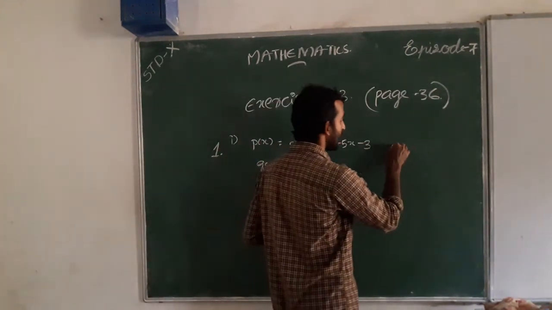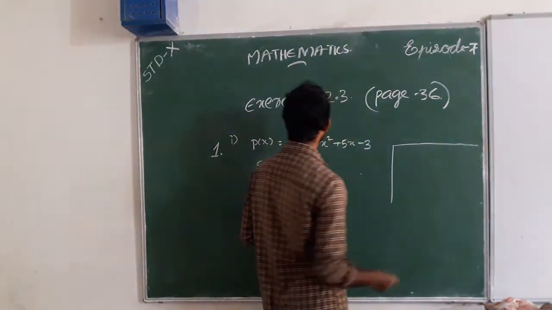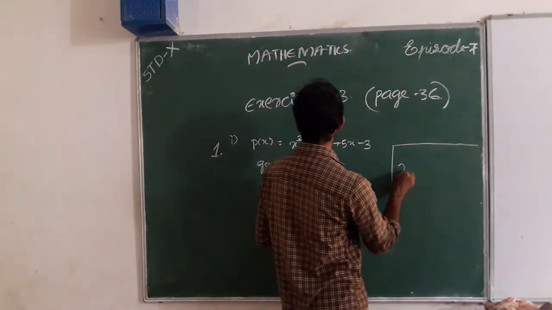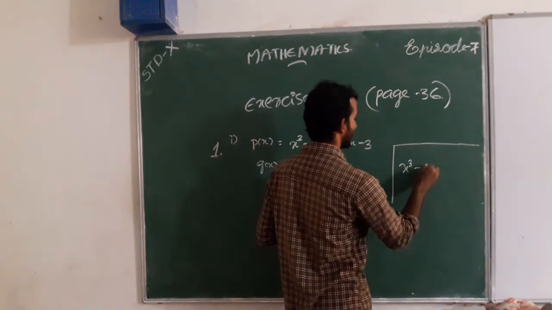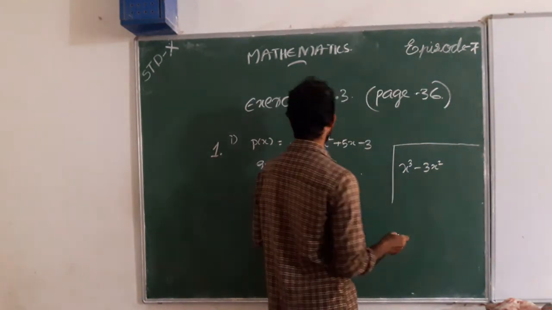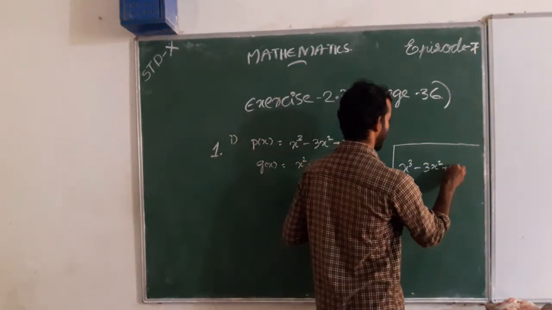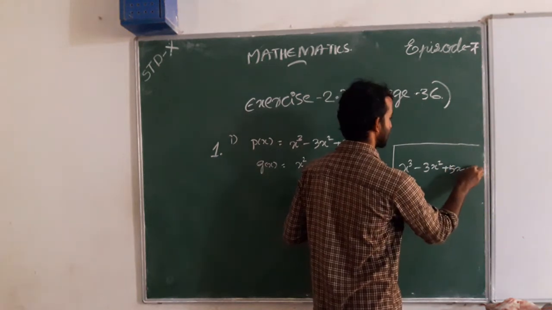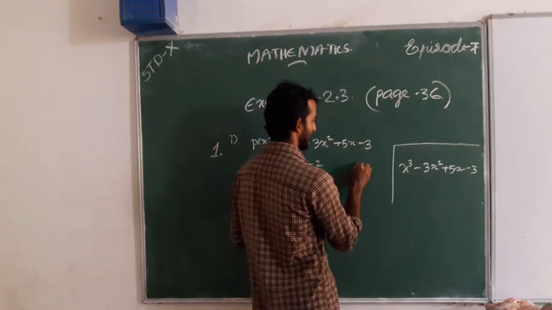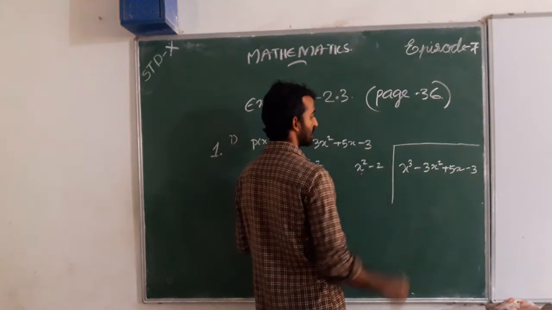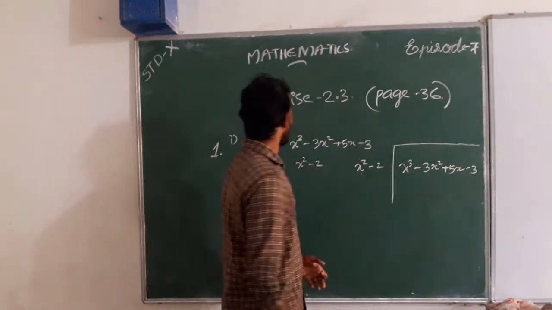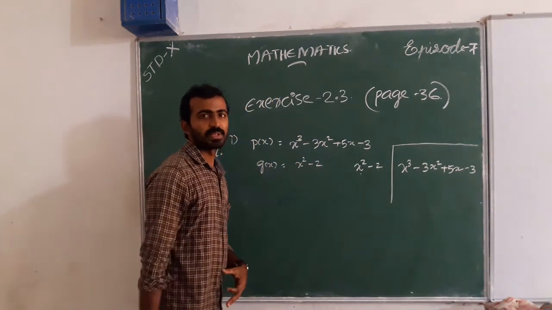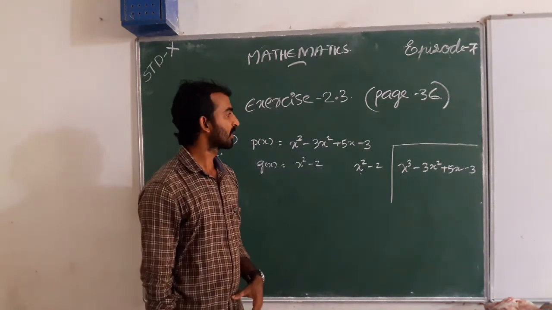That is, we can write x cube minus 3x square plus 5x minus 3, and x square minus 2 is the divisor. Can you understand?